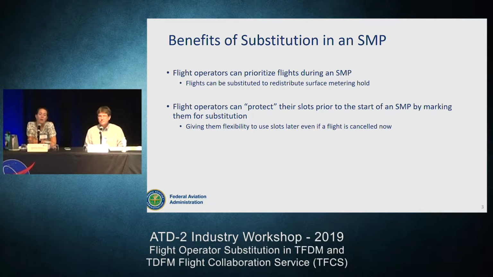Flight operators also have the ability to, quote, protect their slots during an SMP by marking them for substitution. We'll get into marking later in this presentation, but essentially it allows you to mark specific flights that you intend to cancel or severely delay, which protects those slots and metering times so you can substitute other flights in.